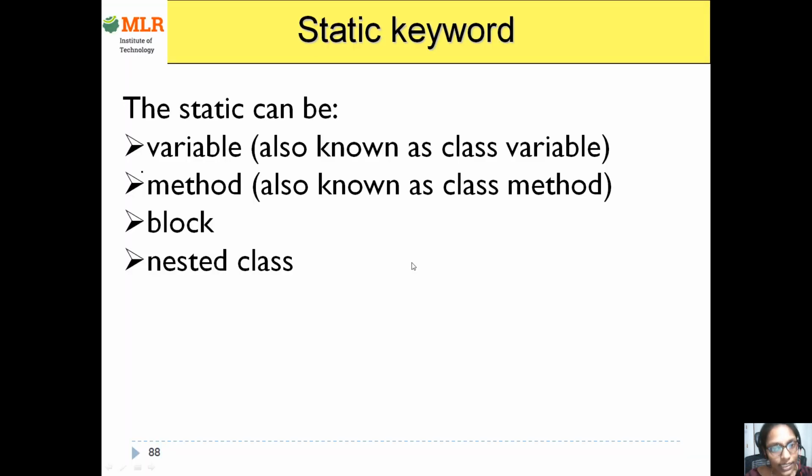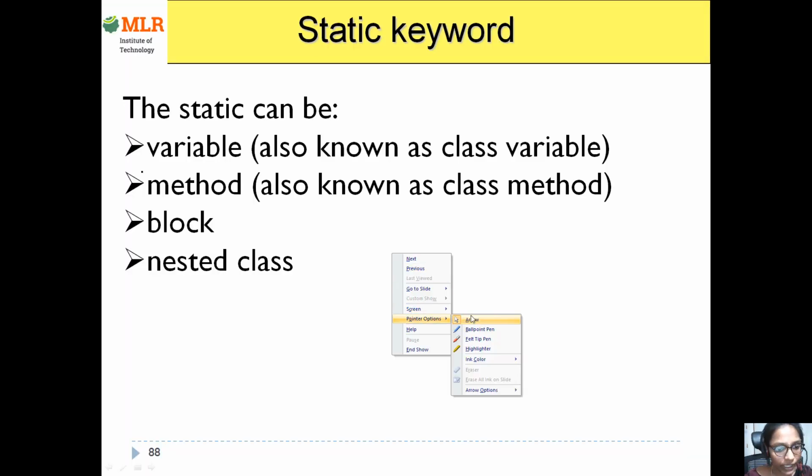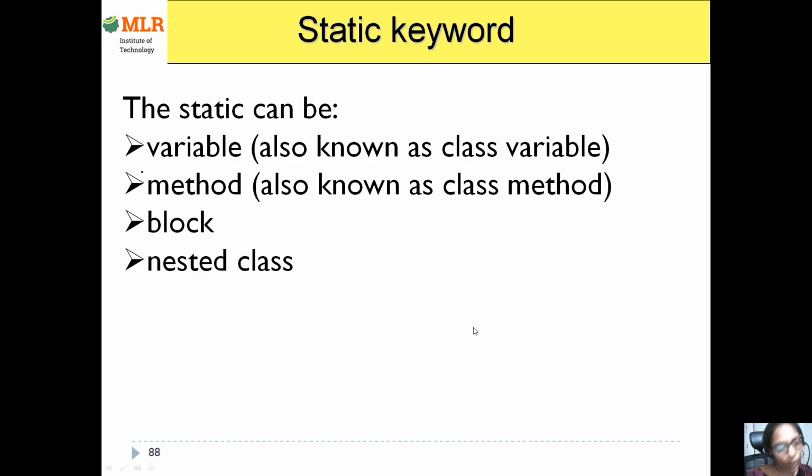And next is the static method. If I declare any method as static, what happens? We have seen in the previous video, if we declare any method as static, we don't need to create any object to access that method. And we have some other conditions, like a static method can access only other static data.